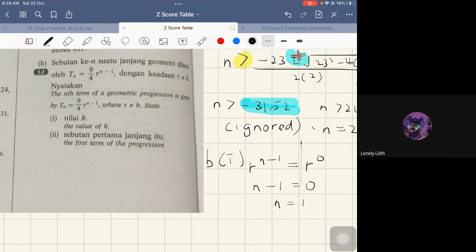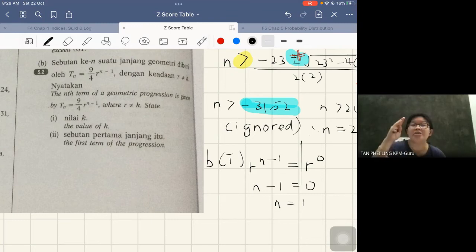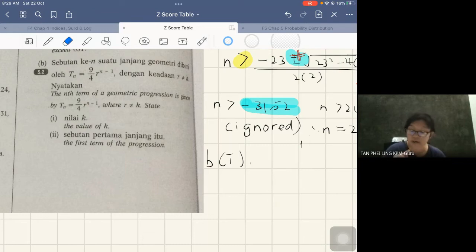So r has to be bigger than 1, I would say. That's the concept about GP, where the r cannot be equal to 1. Why? Because if your r is 1, it will be 1 power 5, which is still 1. 1 power 100 is still 1. Do you get it?